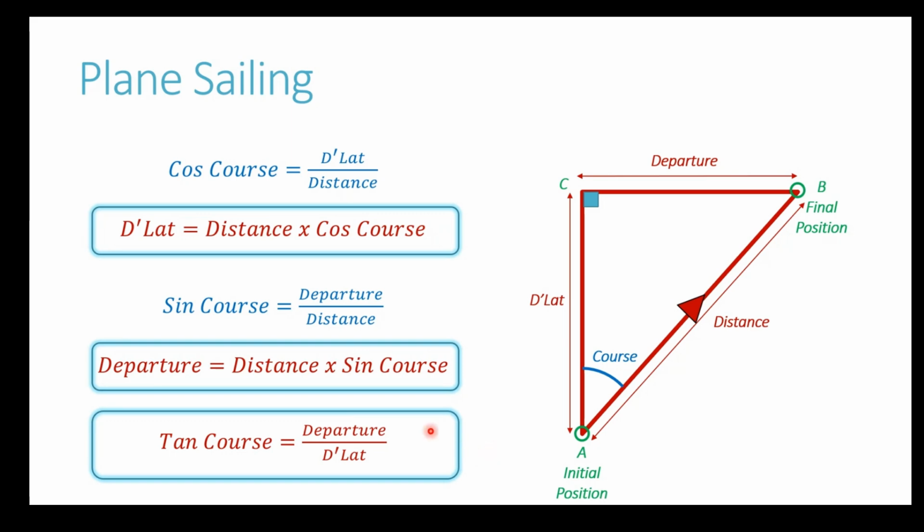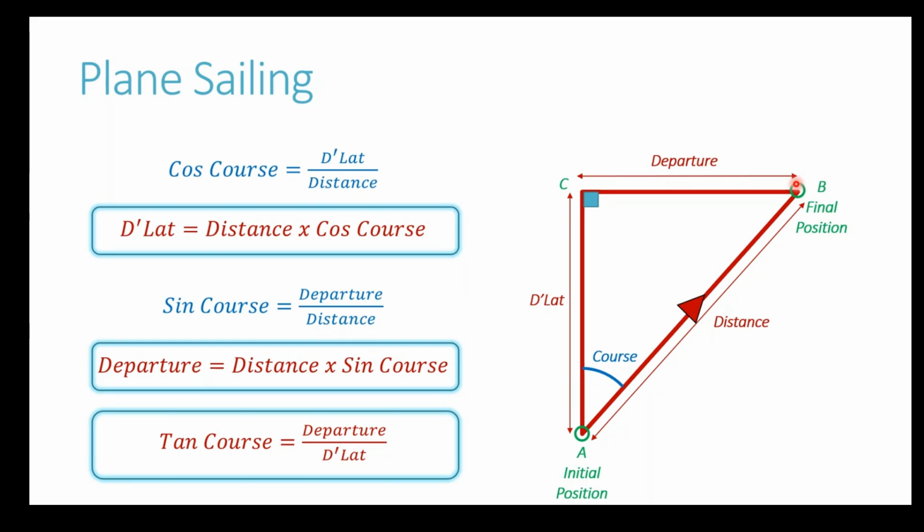Let us say we know that we started from position A, we were moving on a certain course, we have a certain distance. We can easily find out with this course and distance what is the position where we are going to arrive. So these are the two most basic simple calculations which can be easily done using these three formulas.